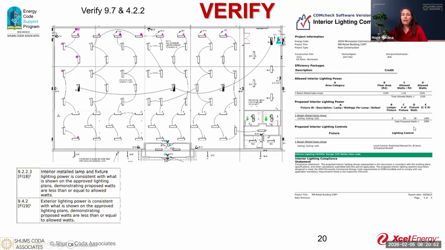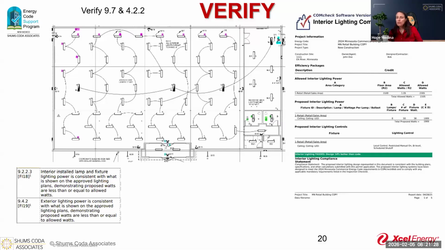So if it tells me that I'm going to have ceiling LED lights and I'm going to have 50 of them, I will then go into the plans themselves and start counting. Do I have 50 of these lights? And as long as there's 50, then I'm like, it is okay. If they have 51 or they have 49, then you have to kind of take a look at it.